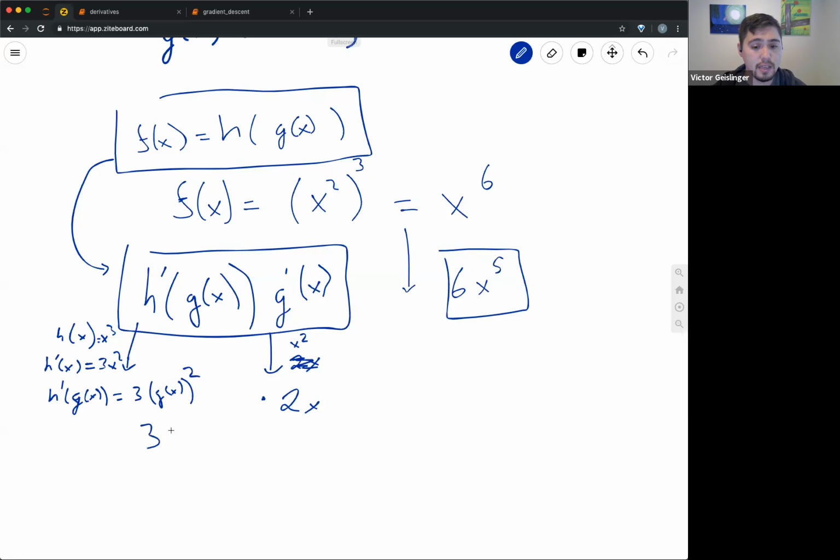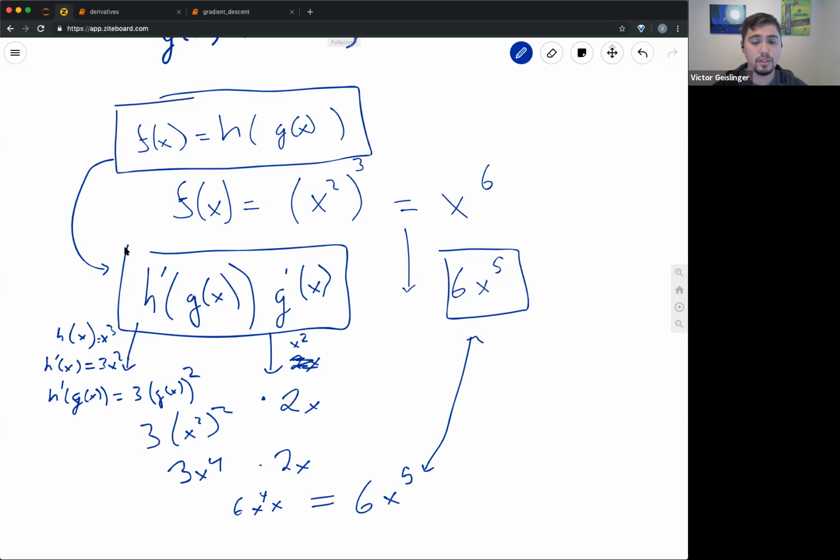So we go 3 times x squared, squared, which simplifies to 3x to the power of 4. But we still have this multiplied by the 2x part, and that ends up being 6x to the power of 4 times x, which is just 6x to the power of 5. Okay, so you can see we got the same exact answer as before. And going from here to this function here is the chain rule.